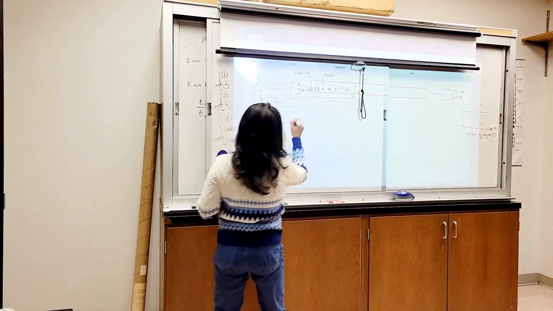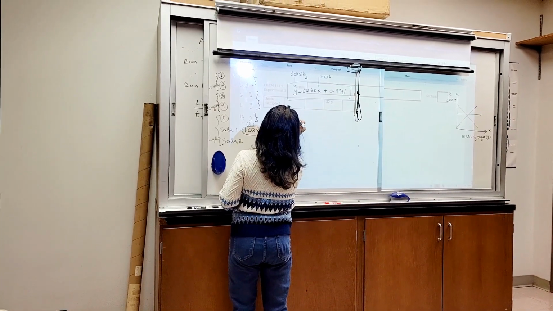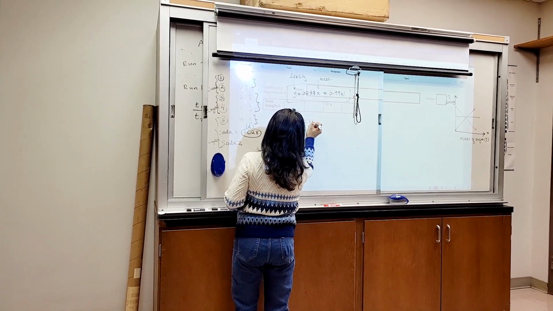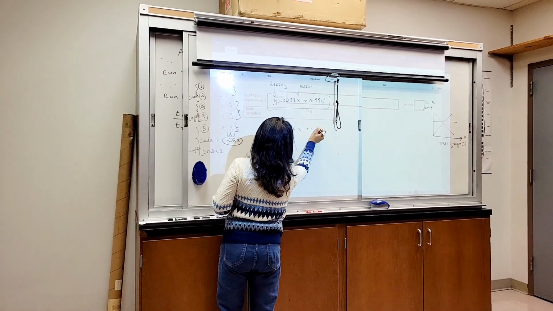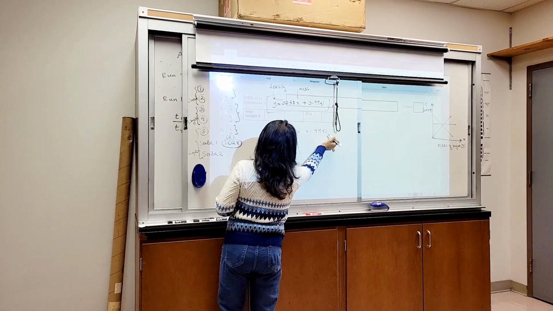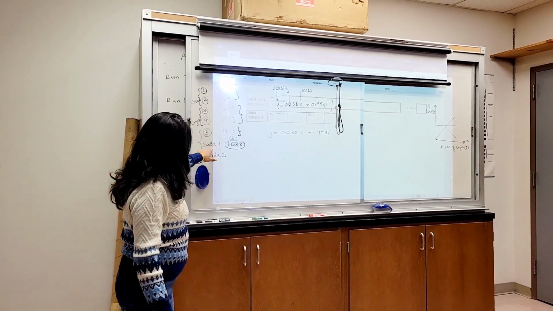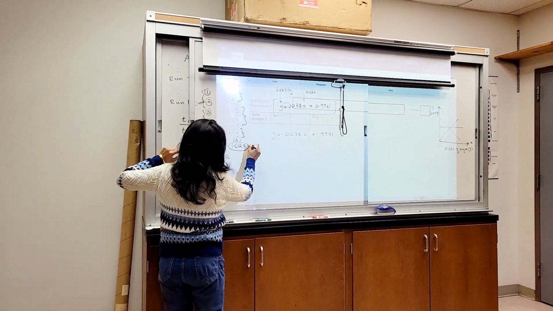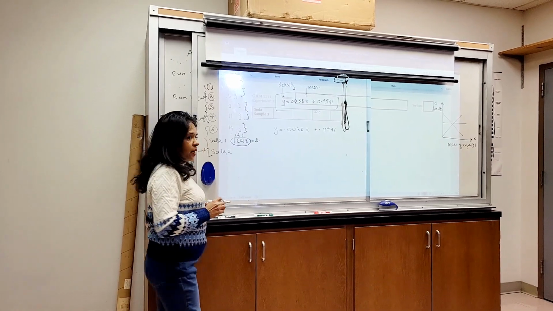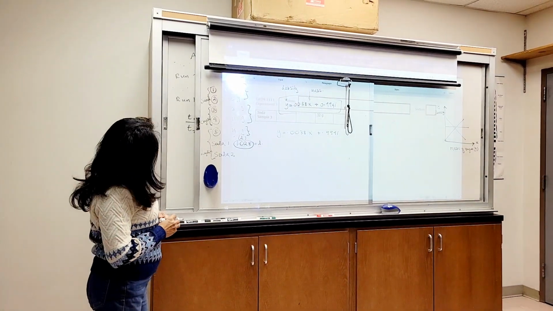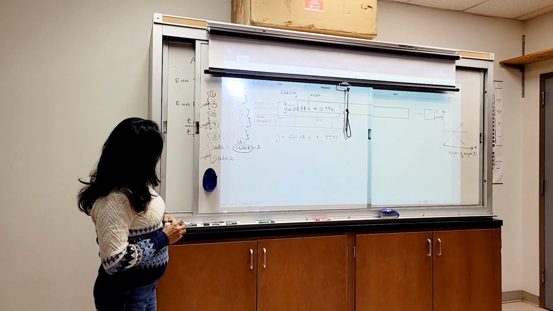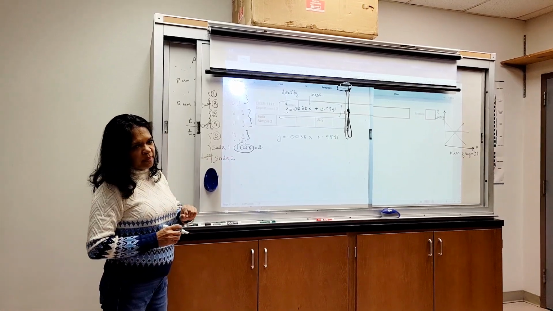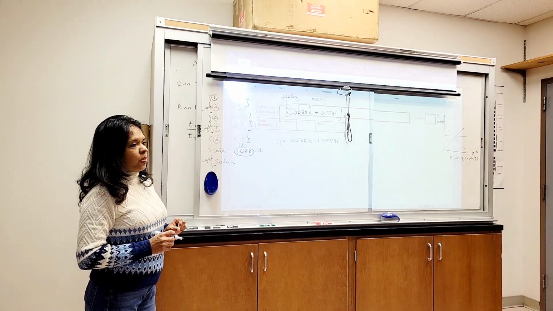Remember our equation is y equals 0.0038x plus 0.9941. Let's assume this came to be the density of soda sample 1. So how do we find the mass of the sugar in this soda sample? What do we need to do?